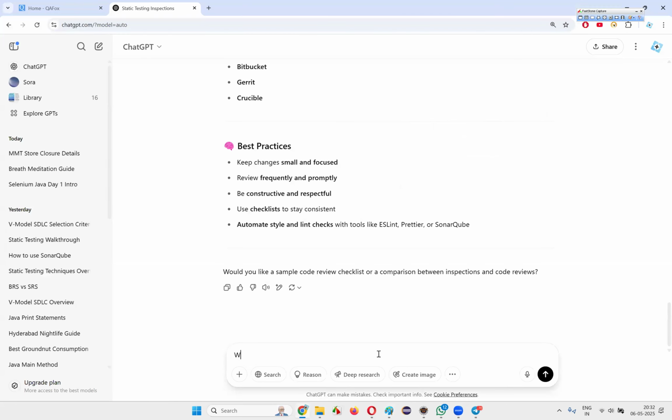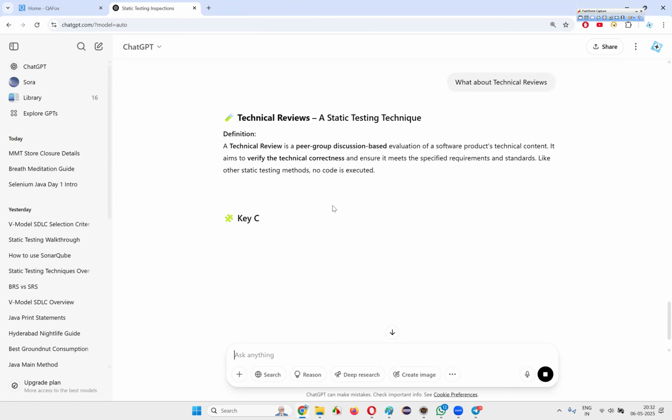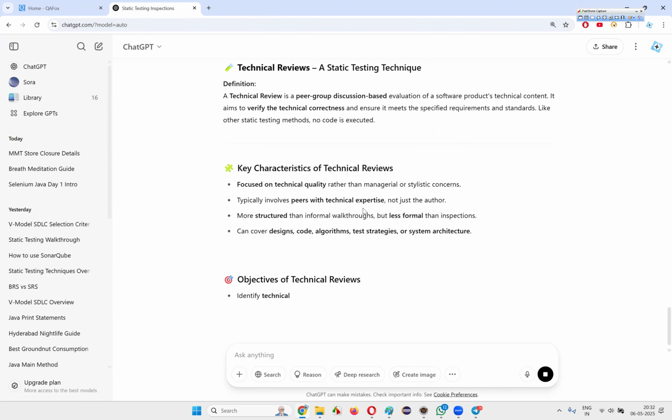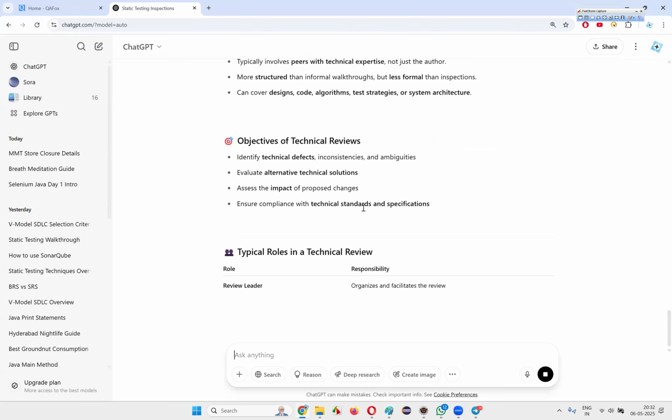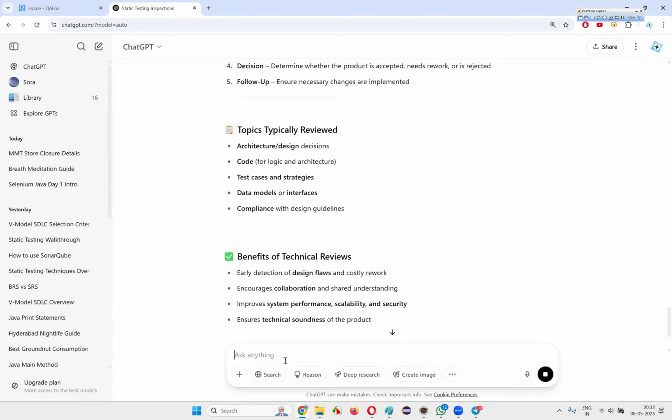I'll ask it peer reviews versus peer programming versus code reviews versus technical reviews. I'll just ask it like this in a different way.